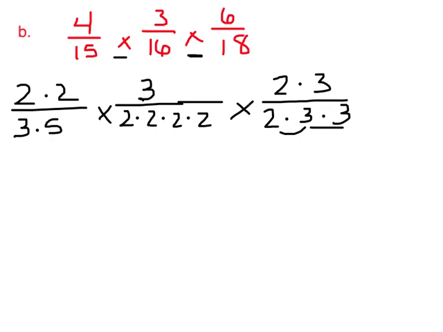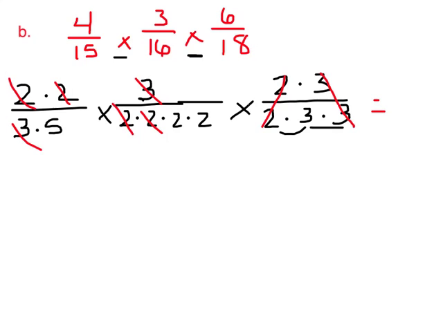Alright. Now I can go to work and start my cross-canceling process. And let's see, I've got a 3 and a 3, a 2 and a 2. Nothing here. I've got this 2 and this 2, this 2 and this 2, this 3 and this 3. So you see I have nothing left on top.